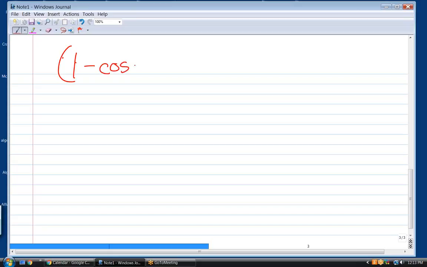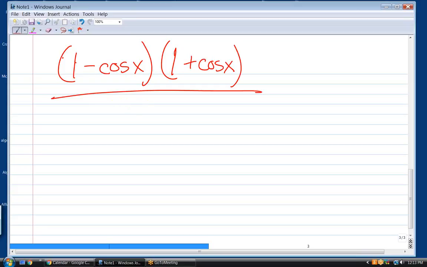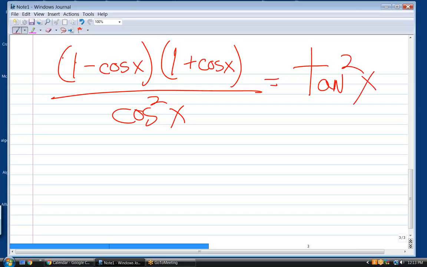This happens to be a type of problem that you get quite a bit when you're doing identities, proving them, and it doesn't have a lot to do with memorizing them, but it's still useful. When you see 1 minus something times 1 plus something, what does that remind you of?